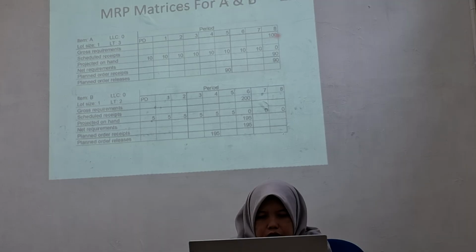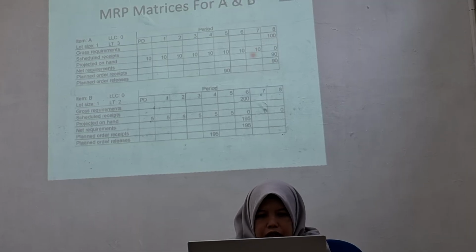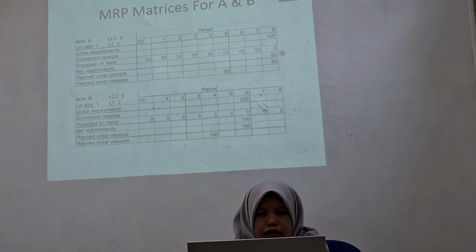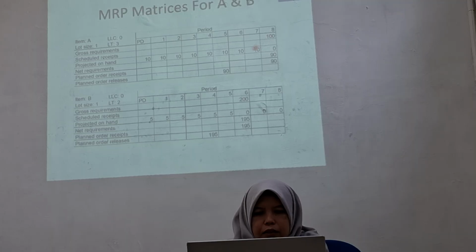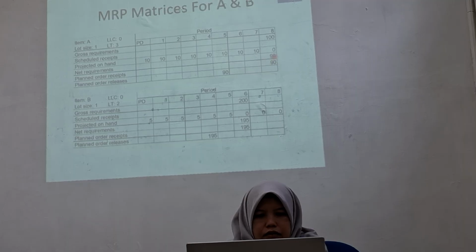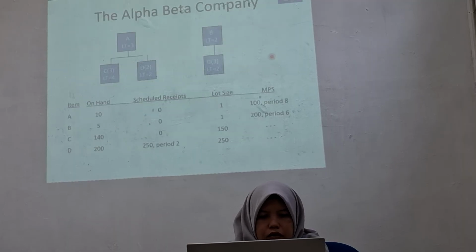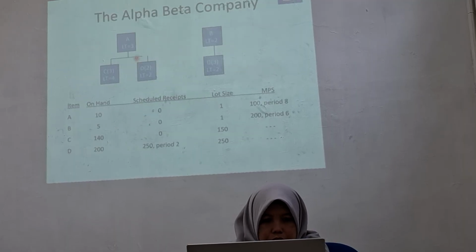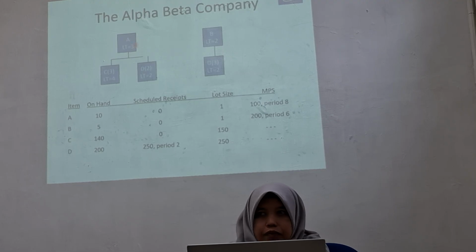Okay. If gross requirement is 100 and we have inventory 10, the net requirement is 100 minus 10. There is a net requirement of 90 units. So the POR release is based on the lead time.